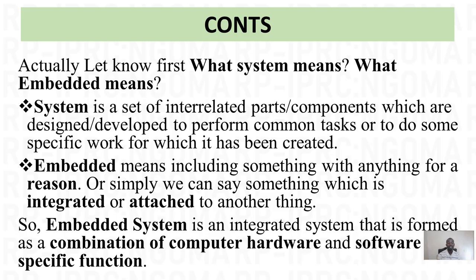Those are the differences between system and embedded. Embedded means attaching something to another. System means interrelated components designed and developed to perform a common task or to do some specific work for which it has been created.